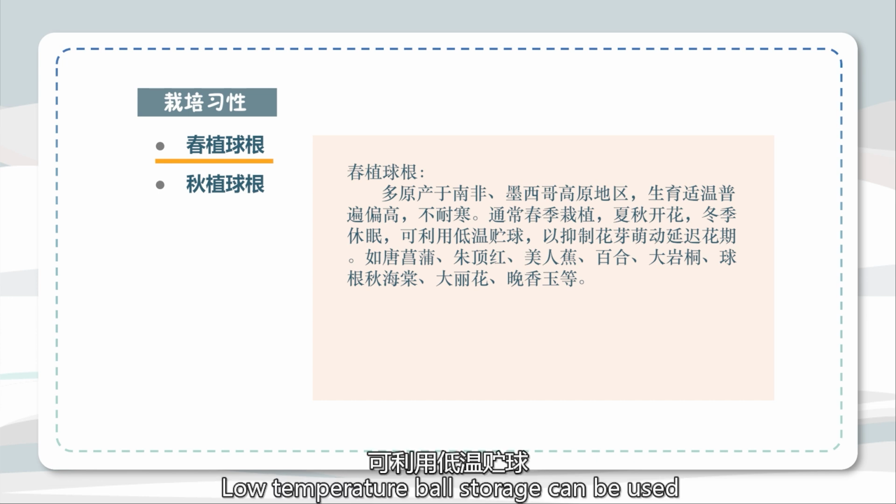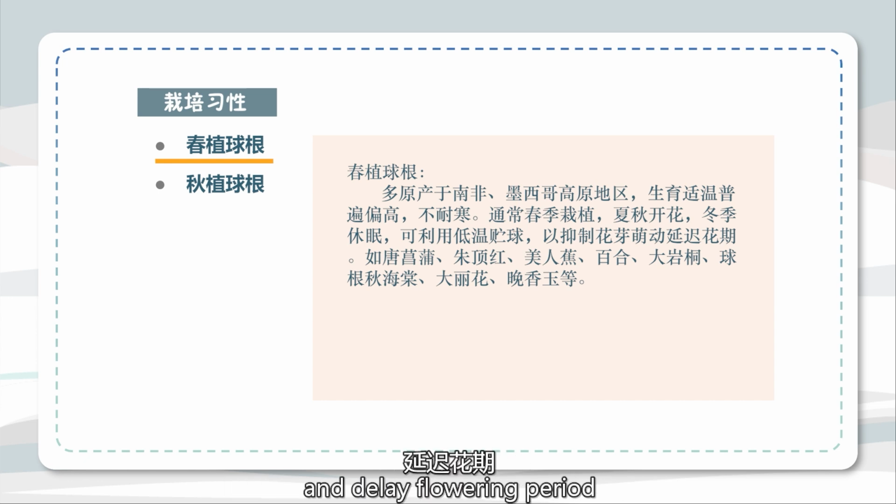Low-temperature bulb storage can be used to suppress flower bud germination and delay flowering period, such as Acorus calamus, vermilion, plantain, lily, gloxinia, begonia bulbous, dahlia, and tuberose.